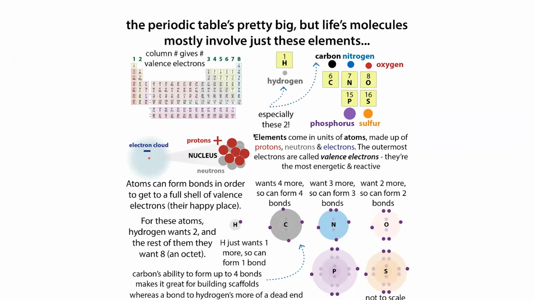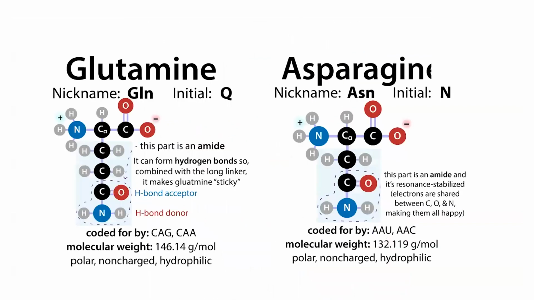Atoms are made up of smaller subatomic parts: protons, neutrons, and electrons. Protons are positively charged, electrons are negatively charged, and neutrons are neutral. If you have an even number of protons and electrons, you have a neutral molecule overall. But if those electrons are distributed unevenly, you can end up with differential charges in different parts of the molecule, and this is what happens in the amide bond.